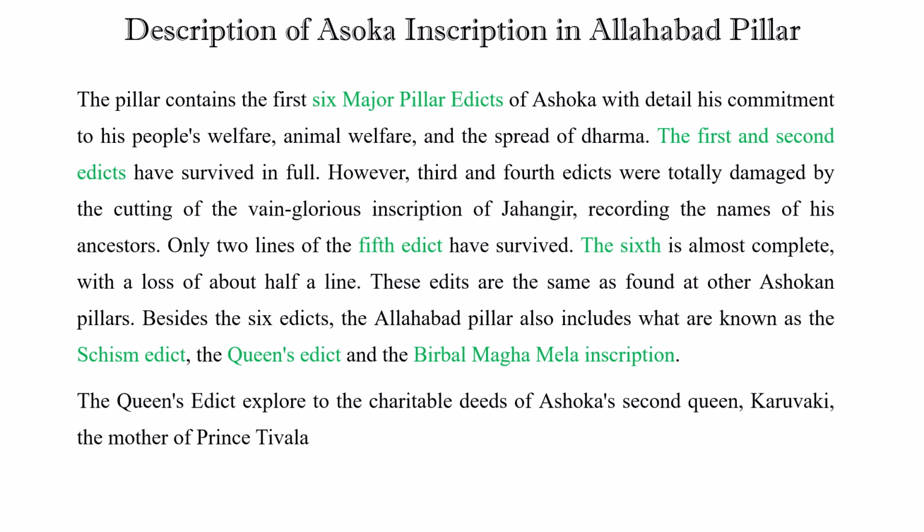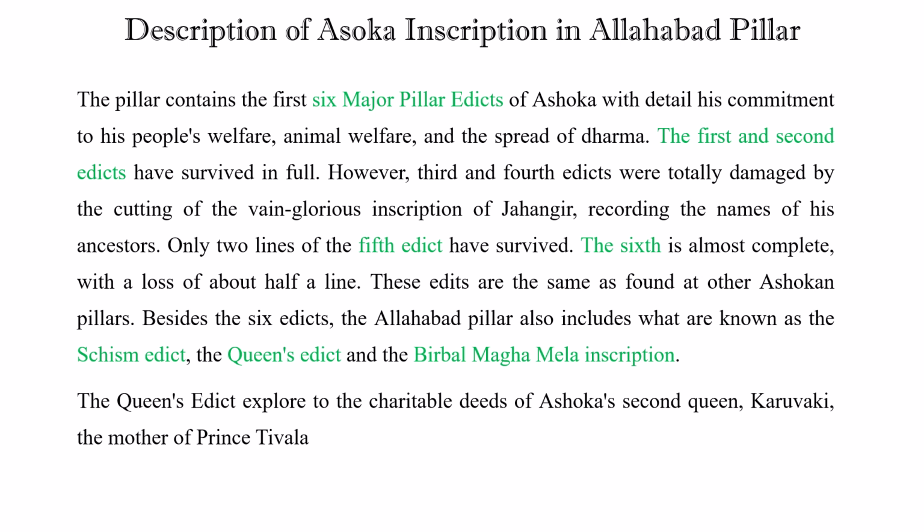Now we see the detailed description of the Ashoka inscription on the Allahabad pillar. Ashoka carved his six major pillar edicts on this pillar, and he mentioned there the welfare of people, animal welfare, and the spread of dharma. There are six edicts, but the first and second edicts have survived in full.